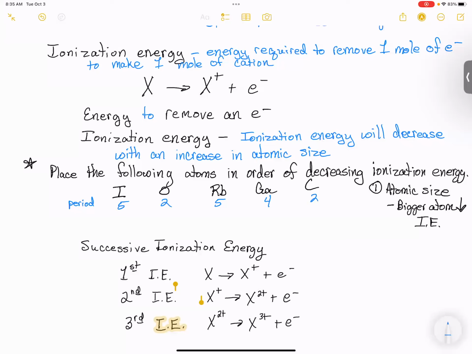And I want this from decreasing ionization energy, so I need the highest ionization energy to the lowest ionization energy, which means I need to put these in order of the smallest atom to the largest atom.